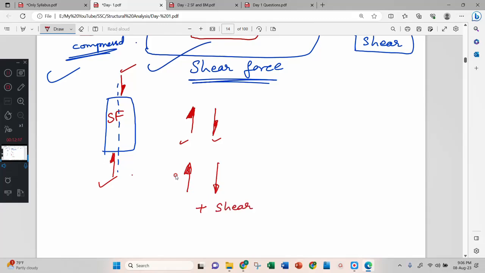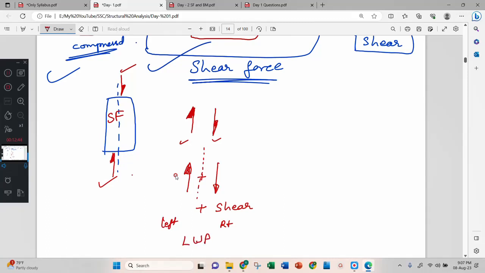For that, remember: if this is your axis, the blue line, then this is your right side and this is your left side. Right side downward is positive, left side upward is positive.